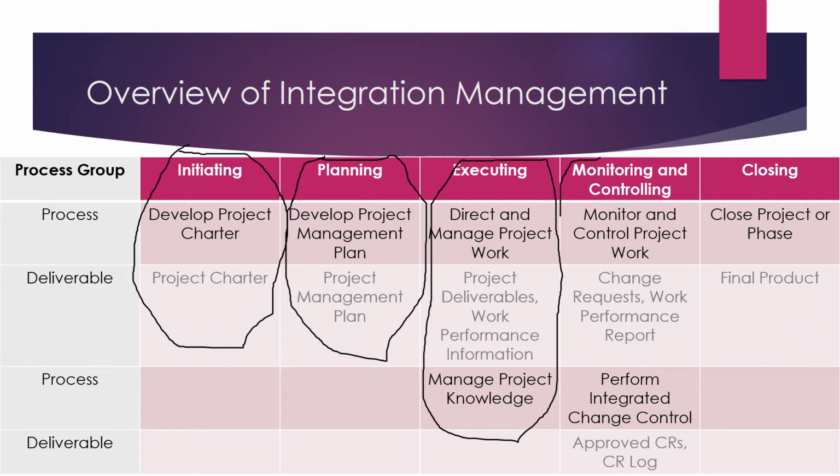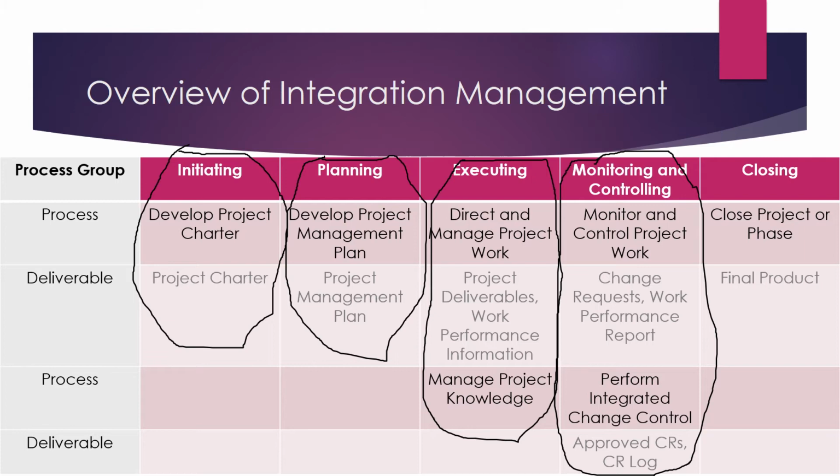Moving on, monitoring and controlling. So there are two processes under monitoring and controlling. Process number one is monitor and control project work. Under this process, the major deliverables are change requests. When you monitor and control your project work, you find defects, you find certain things which are incorrect and they need to be changed.